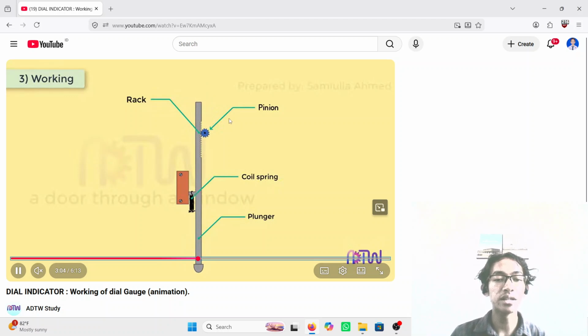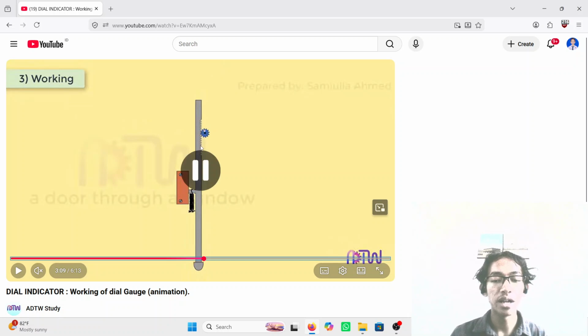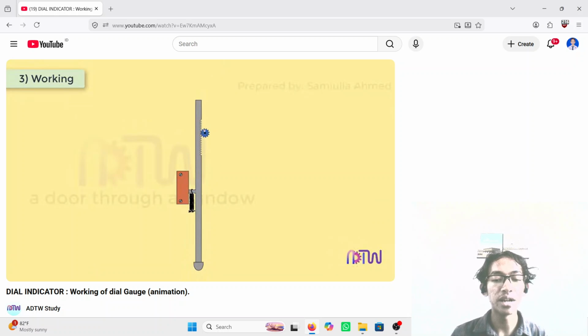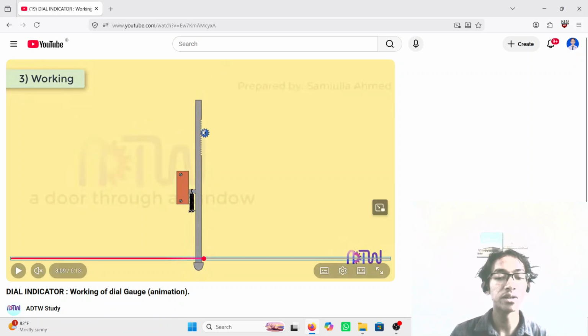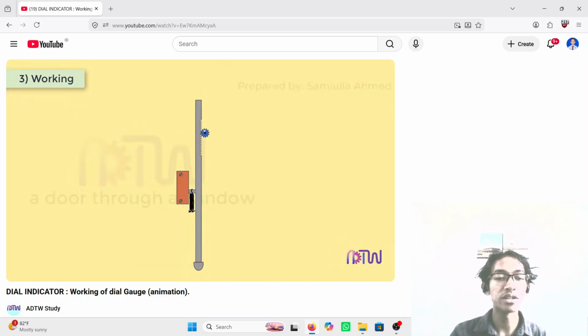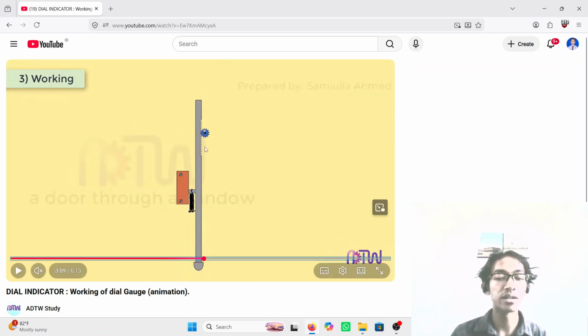Then the straight teeth of the rack mesh with a small starting pinion. As the rack moves up, it forces the pinion to turn. This rotational motion is transferred through the gear train.